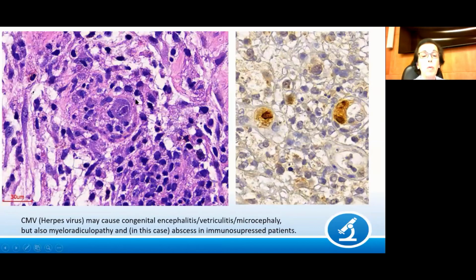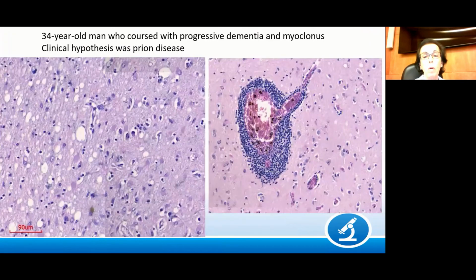And looking closer, there was cytomegalovirus here, which could be confirmed with immunohistochemistry. It's the first time I see an abscess like this with cytomegalovirus. As you know, cytomegalovirus can cause congenital infection, can cause microcephaly, and also in AIDS patients, it causes ventriculitis and myeloradiculitis. But this is the first time I saw this.